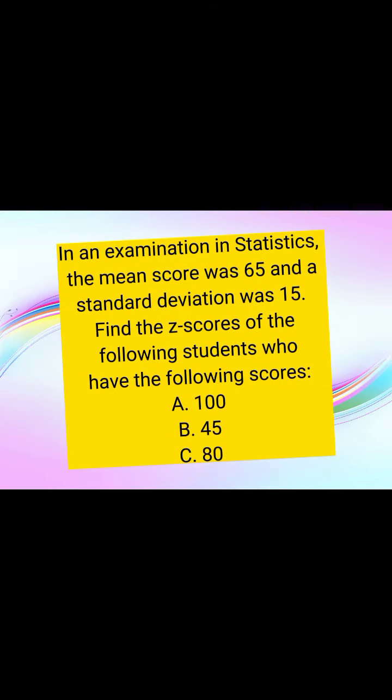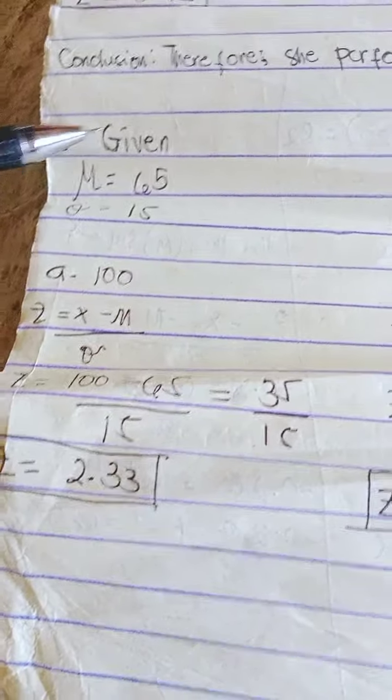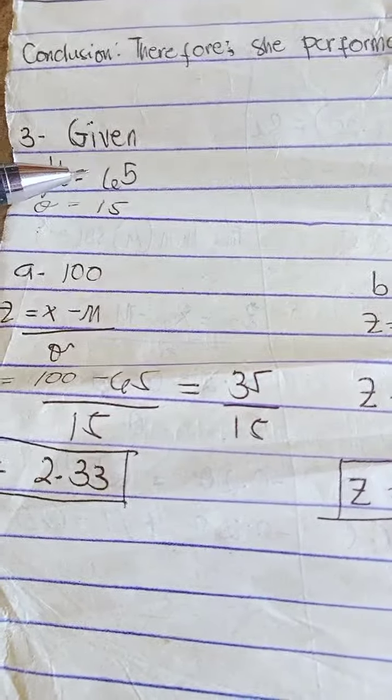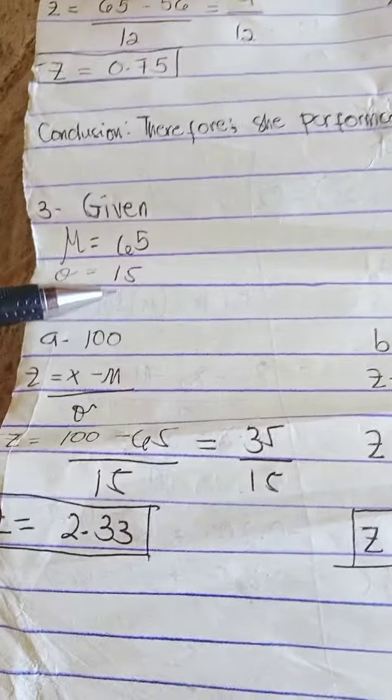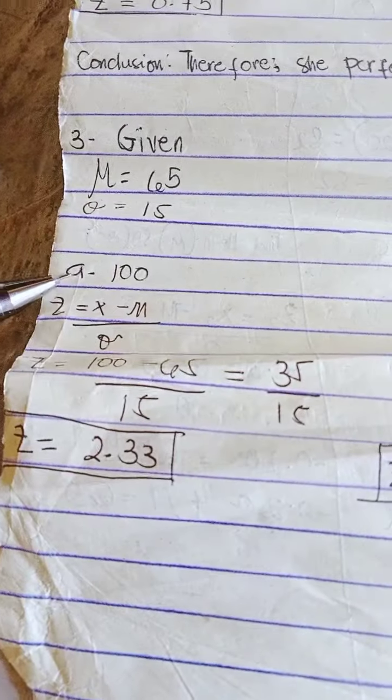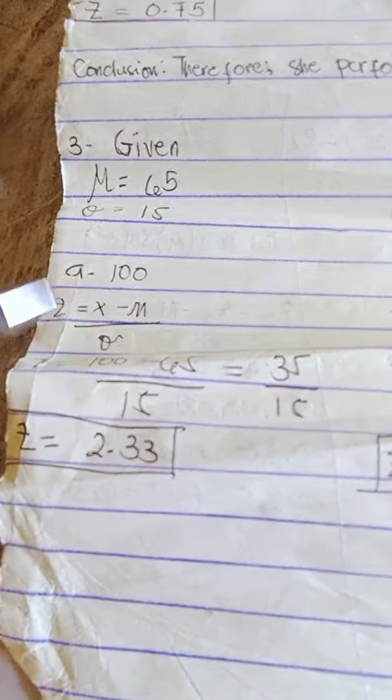In an examination in statistics, the mean score was 65 and the standard deviation was 15. Find the z-score of the students who have the following scores: letter A, 100, B, 45, and letter C, 80. So, number 3, our given is mean equals 65, standard deviation equals 15. For letter A, our x is equal to 100.